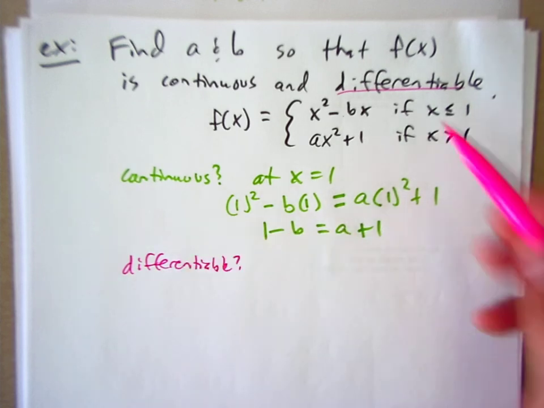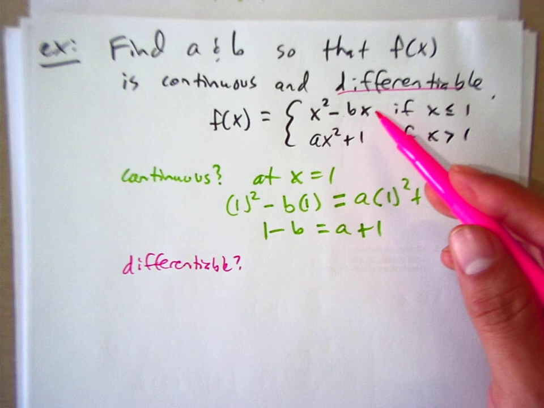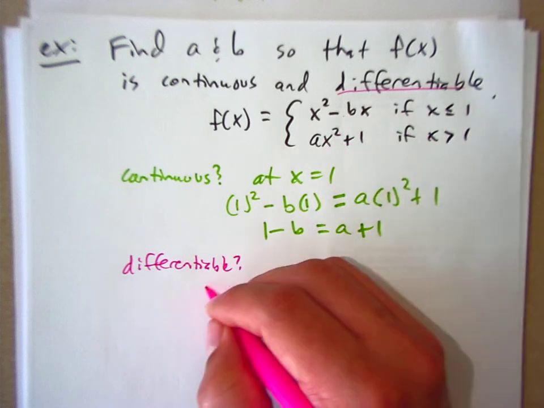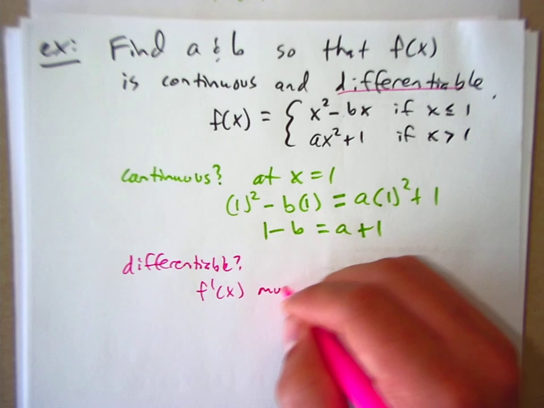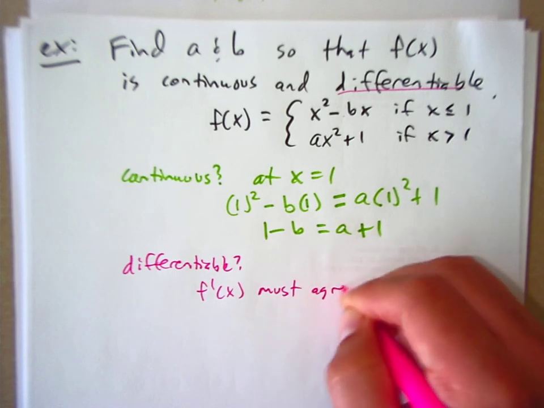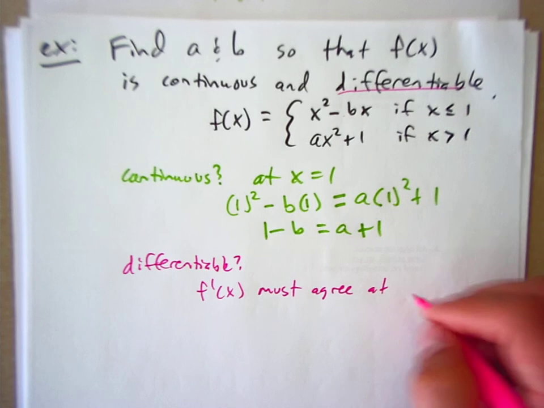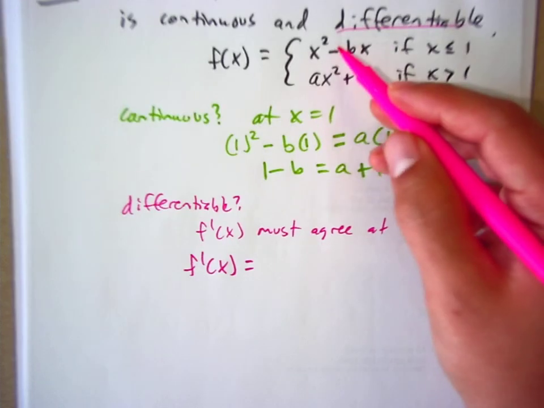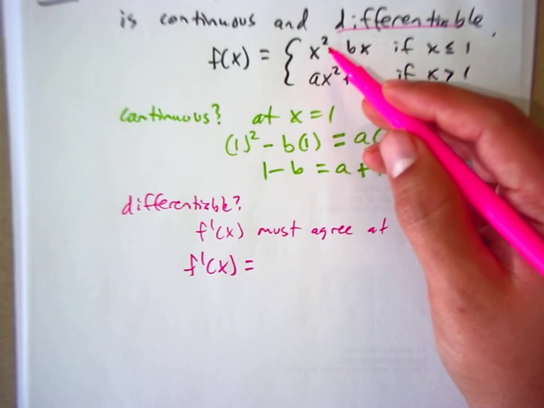In order for this function to be differentiable, the derivatives, f prime of x, must agree at x equals 1. So let's find f prime of x first. So finding the derivative, again, it's just the power rule.